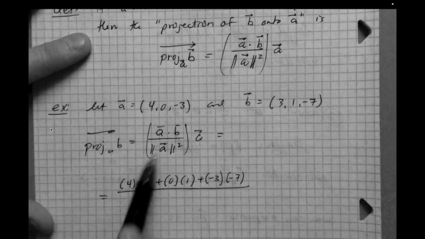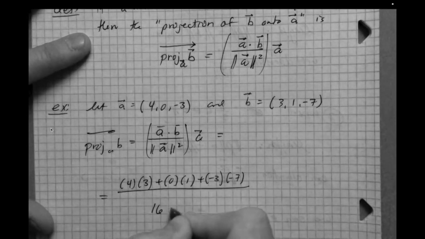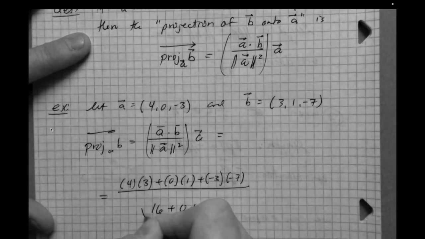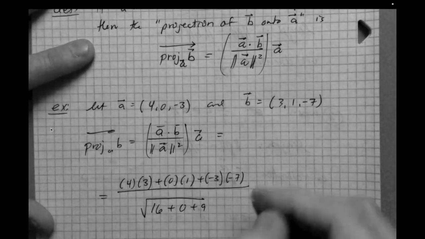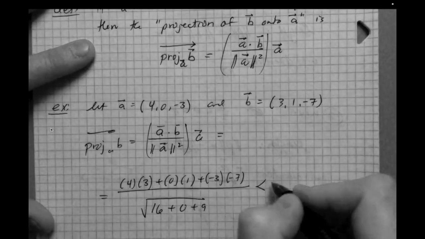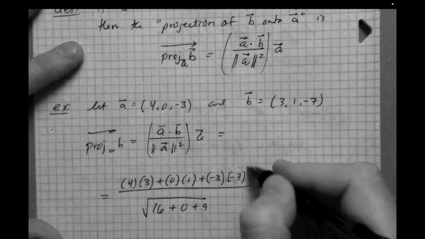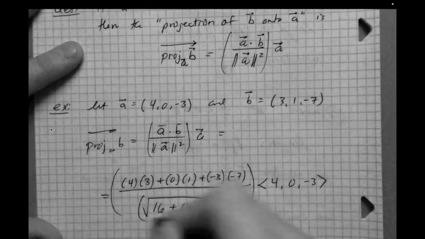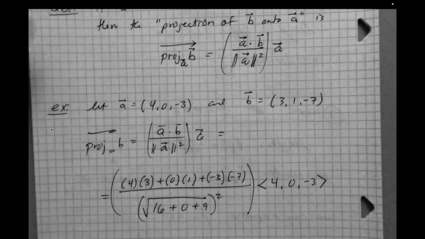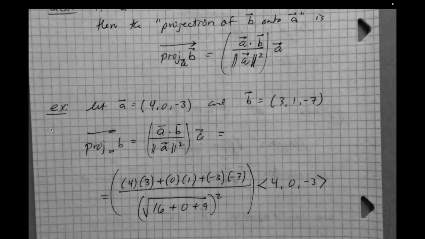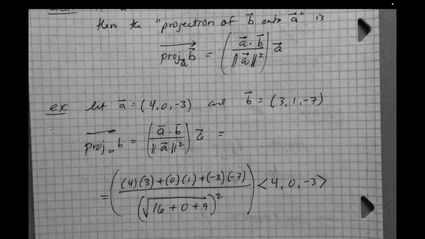What's the norm of A? That is the square root of 16 plus 0 plus 9. And then you've just got A, which I'll write like this, 4, 0, negative 3. Oh, we can't forget to square this down here. So that's how you would calculate the projection of B onto A.